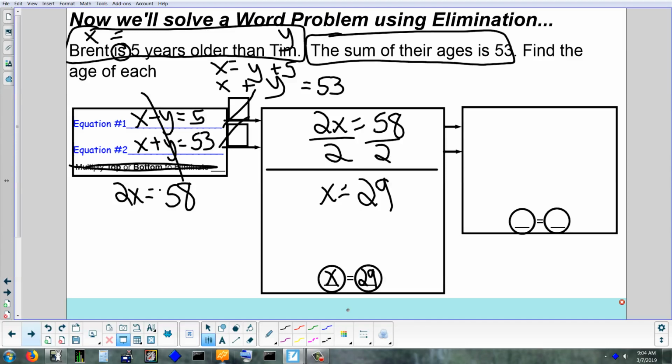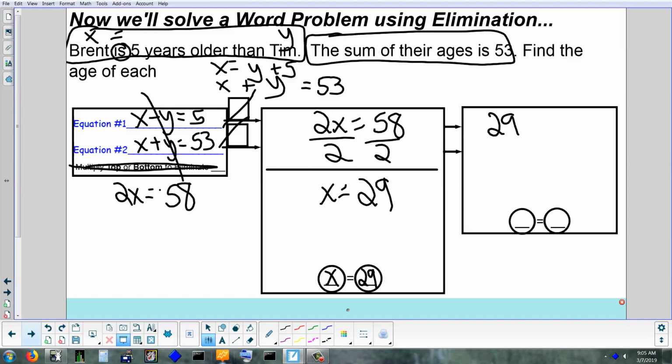What am I gonna do now? So I got what x equals. What am I gonna do now? Top one or the bottom one? You could use the top one. Me personally, I would use the bottom one because everything is positive. The top one has a negative y, and I'll show you in a second. So I'm gonna do the bottom one. So x is gonna be what now? 29.